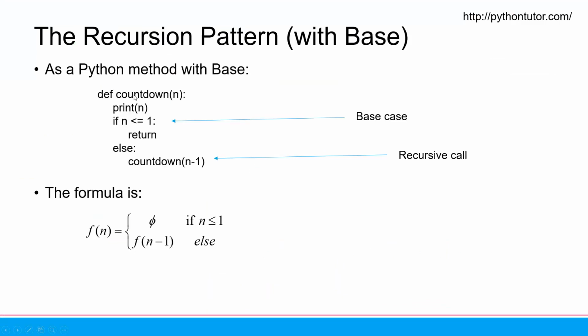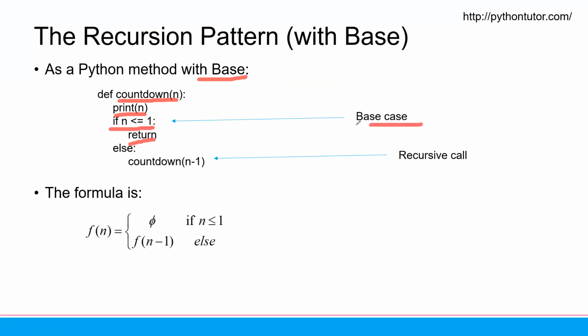So the recursion pattern should have this. This means this is the limit, or this is the final condition. If I want to count down n and I print n, if n is less than or equal to 1, return.